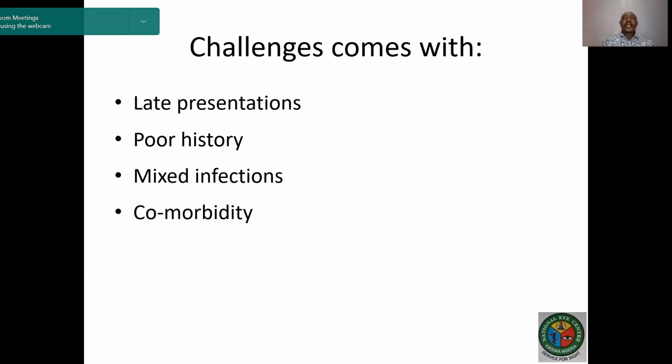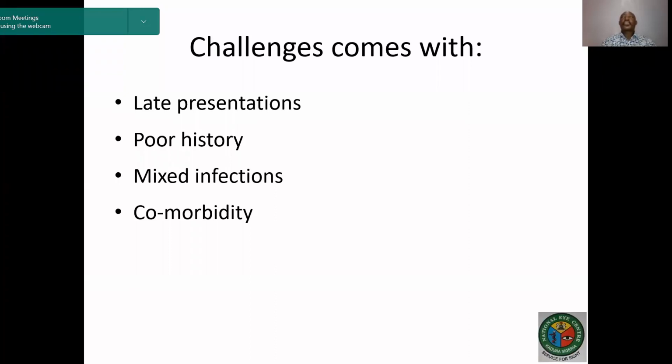What we discover as challenges, particularly in this part of the world, in the management of corneal ulcers, is that when patients present late or when there is a poor history with the ulcer presentation, all these things make management more difficult.